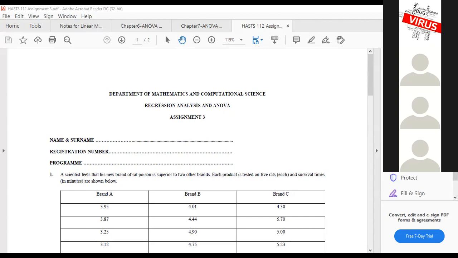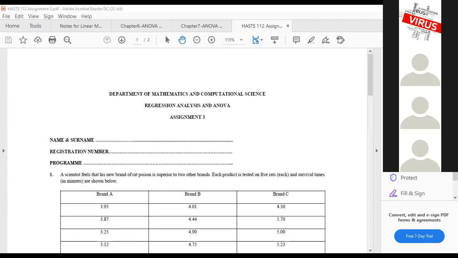Sir, I have a question. Yes, you can go ahead. Okay, there are cases where we are given the unbalanced model, right? And we have two formulas for the LSD, one for the balanced model and the other for the unbalanced model. Let's say we are asked to calculate the LSD.